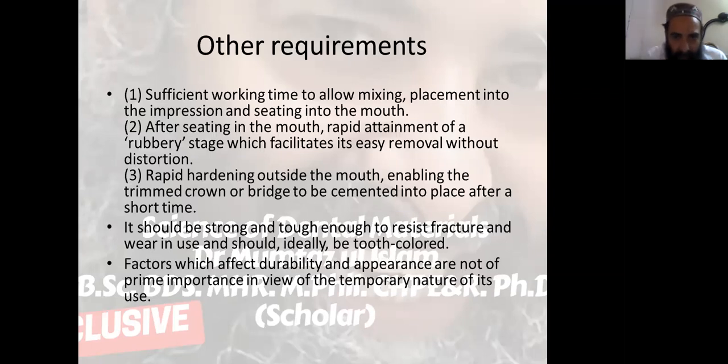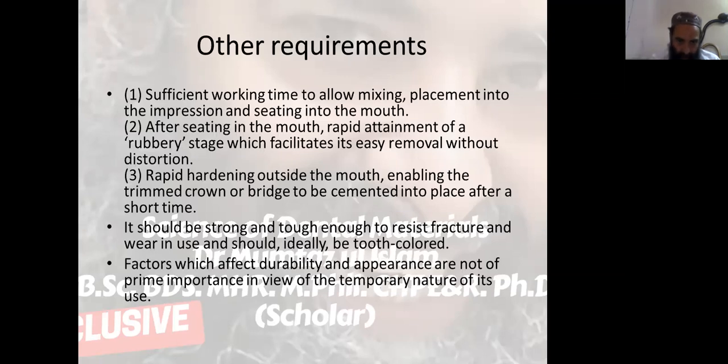After seating in the mouth, rapid attainment of a rubbery stage, which facilitates its easy removal without distortion, as already described. Rapid hardening outside the mouth, enabling the trimmed crown or bridge to be cemented into place after a short time.